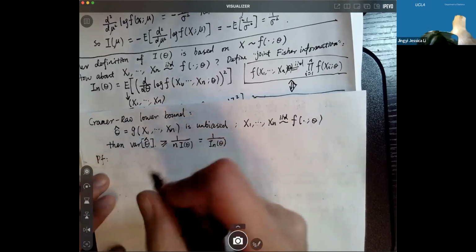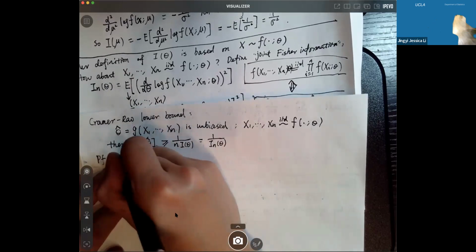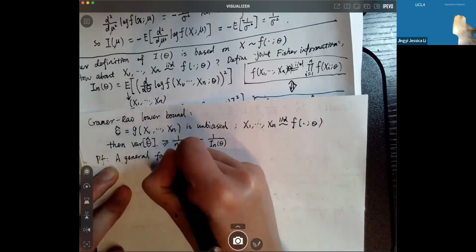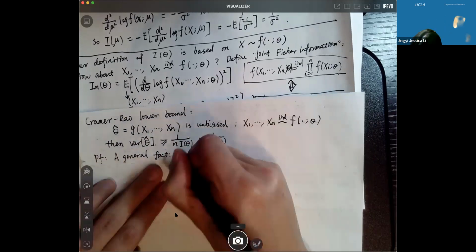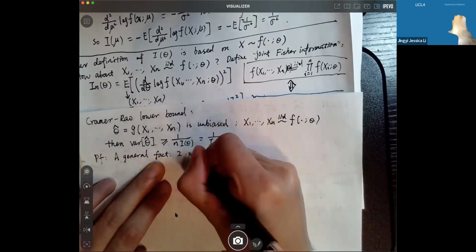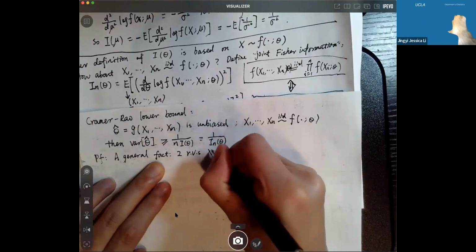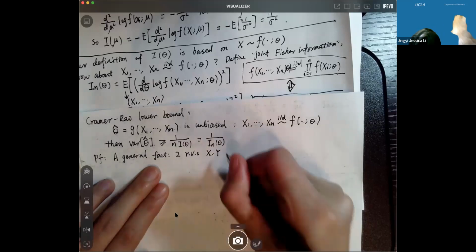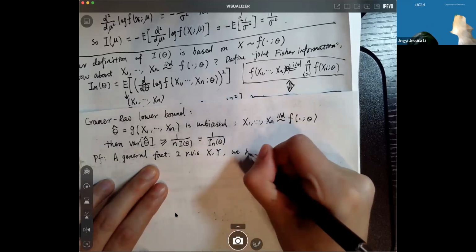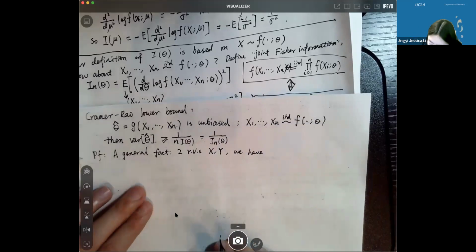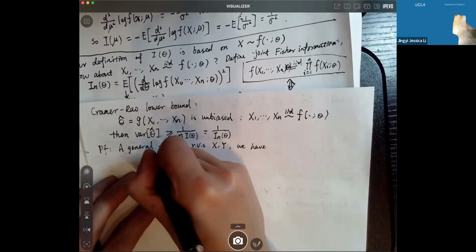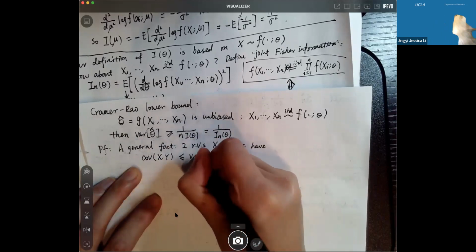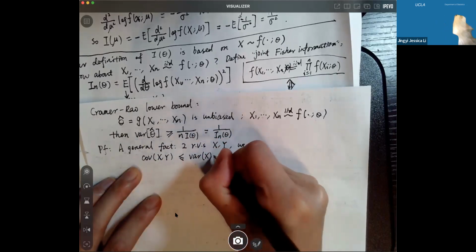First, a general fact: for two scalar random variables x and y, we have this important result that the covariance of x and y squared is less than or equal to the variance of x times the variance of y.